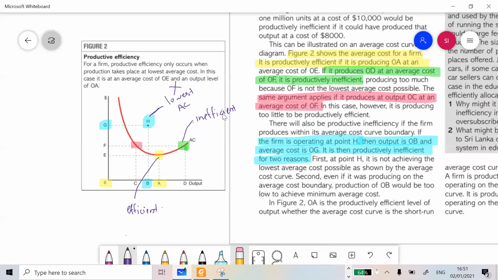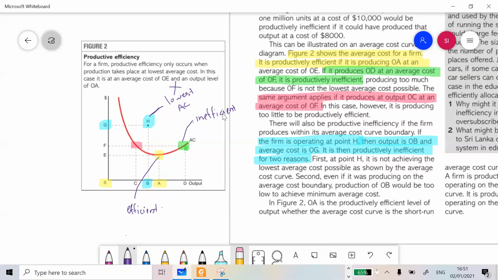And then secondly, even if it was producing on the average cost boundary, production of 0B would be too low. 0B would be too low because you can see 0A is the maximum that this organization could produce at the lowest average cost. So you can see we are talking about two types over here.